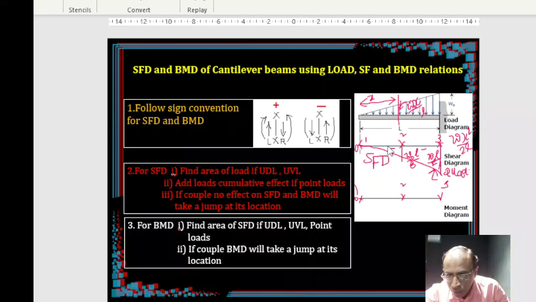One third of this distance, which is L by 2, what we discussed earlier at the mid span, times the ordinate W naught L by 8. That means this ordinate is going to be W naught L square by, already 2 is here, 8 is here, 16, and 1 by 3 is available in front, so it's going to be 48. So the ordinate is going to be 48.